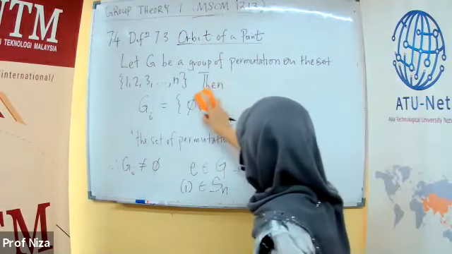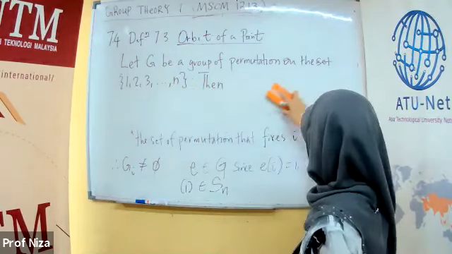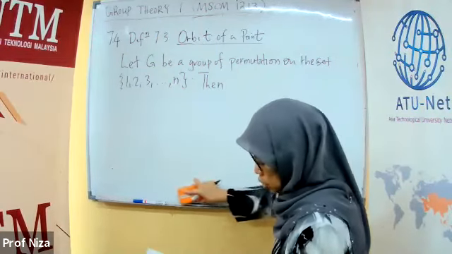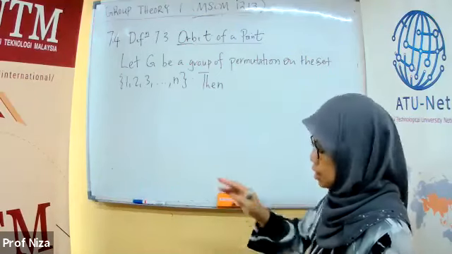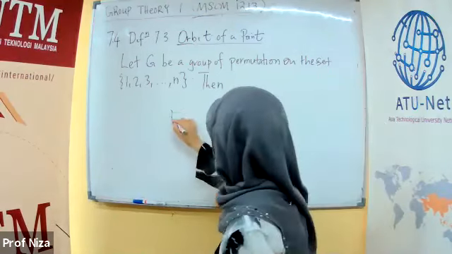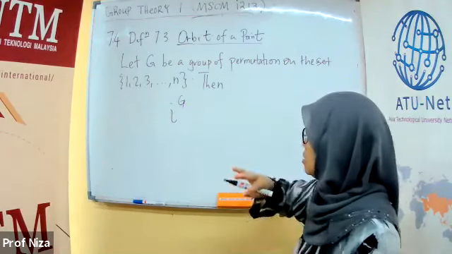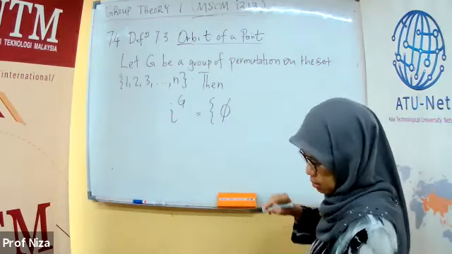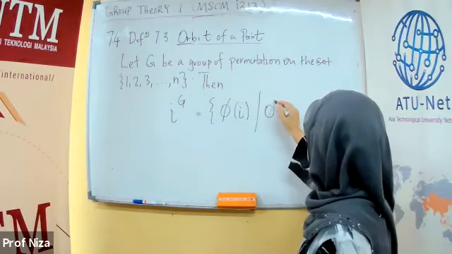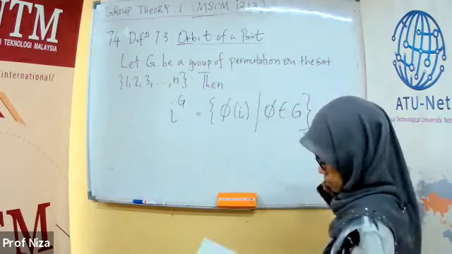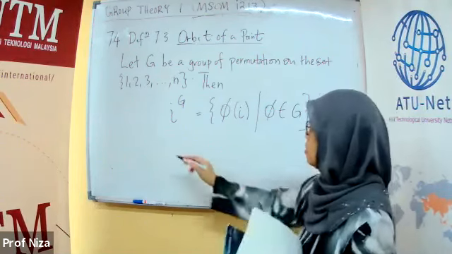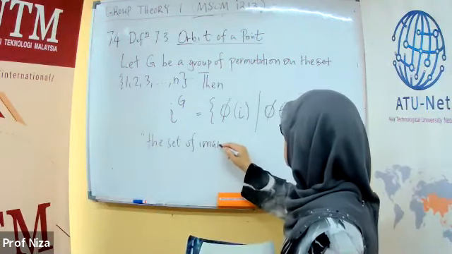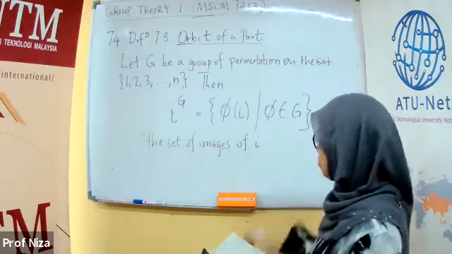Then, instead of the set of permutations as just now for the stabilizer, this one is the orbit: the image of all permutations in G, the set of images of A.